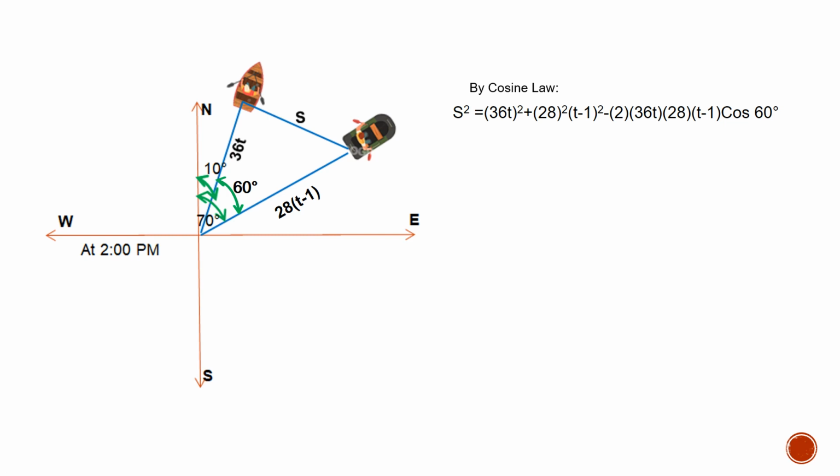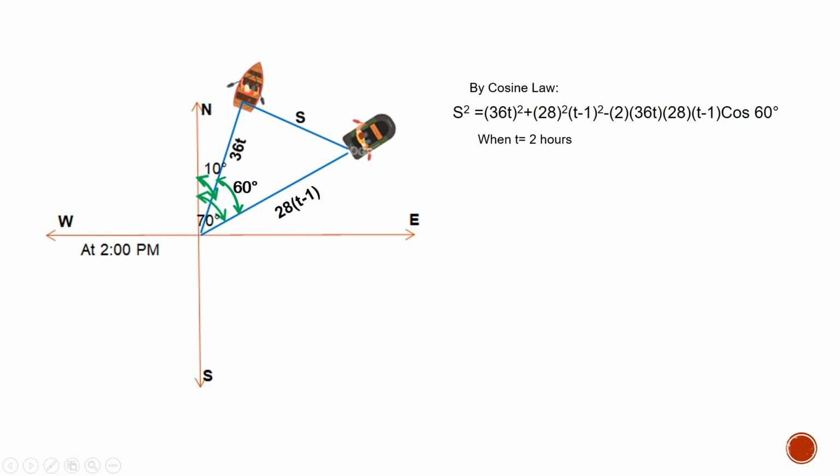Okay. So S squared is equal to 36t squared, and this side, all of that is squared, and then less 2 times the two sides here, 36t times 28 times t minus 1 times cosine of 60 degrees. Okay, so that is all about cosine law.